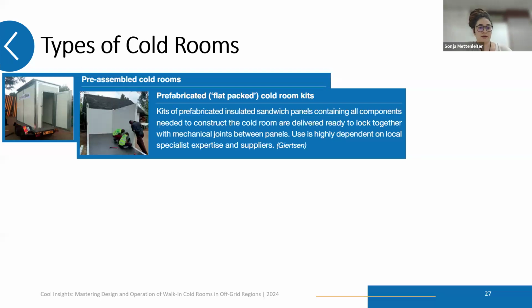It has a lock system where you can interlock those panels and create an airtight room if it is well done. And that's also why, for the success of this type of cold room, it is essential that you have local specialized personnel available. Next one, please.